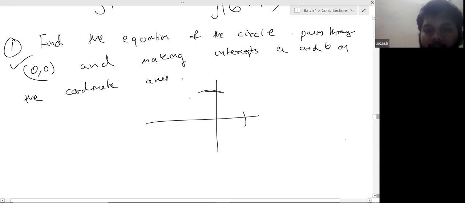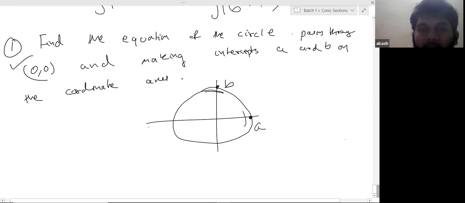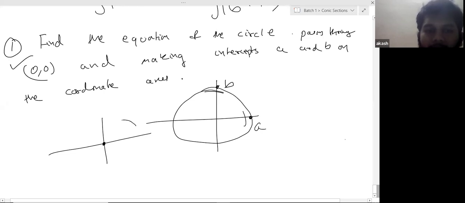If a circle is making intercepts, this point is A and this point is B. And it also passes through the origin, so look closely at how the diagram would be. Try to solve.